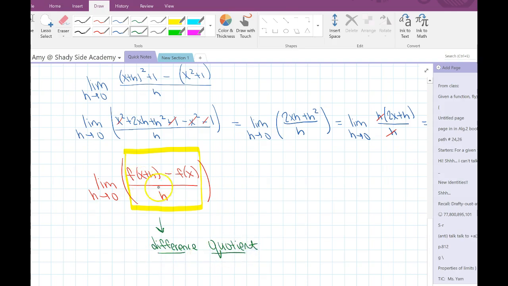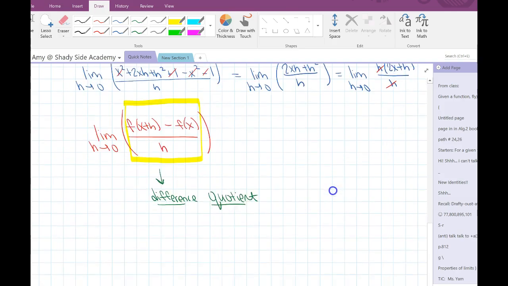Okay, f of x plus h minus f of x, all divided by h, is called a difference quotient.